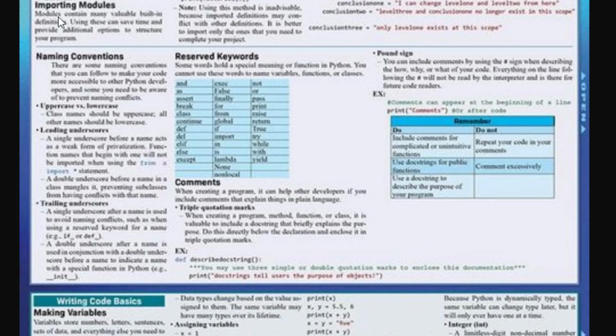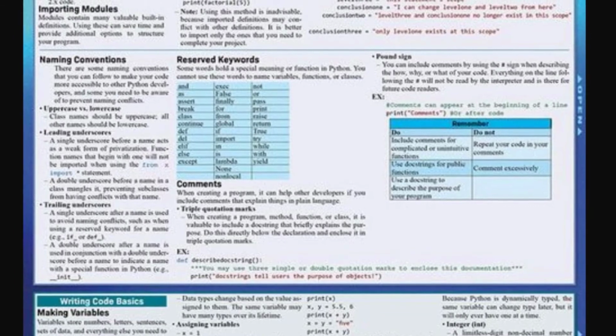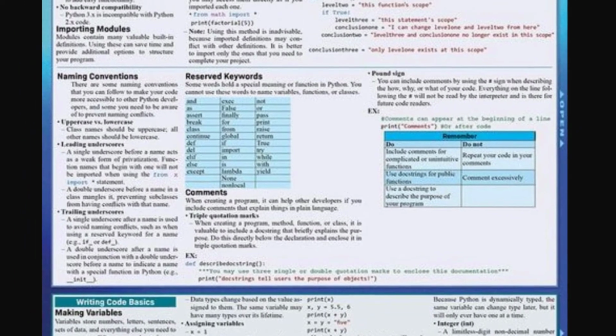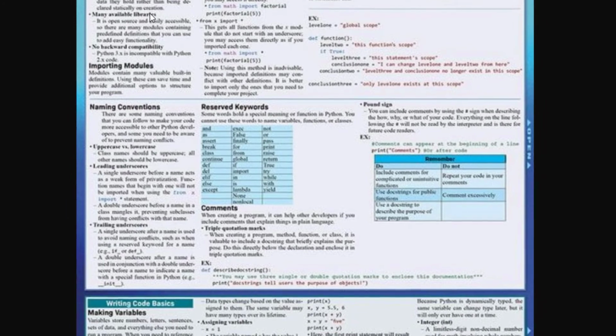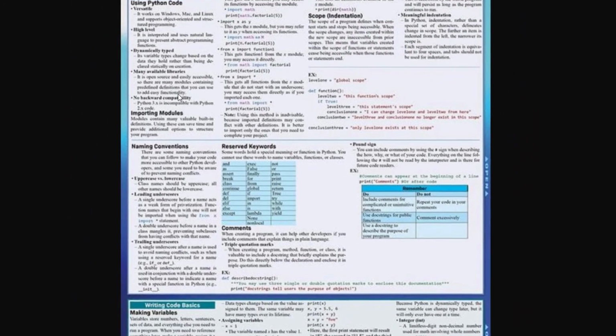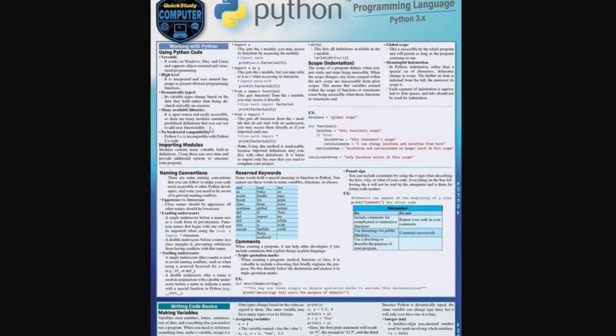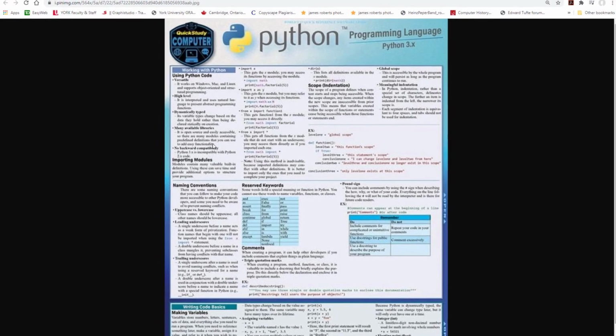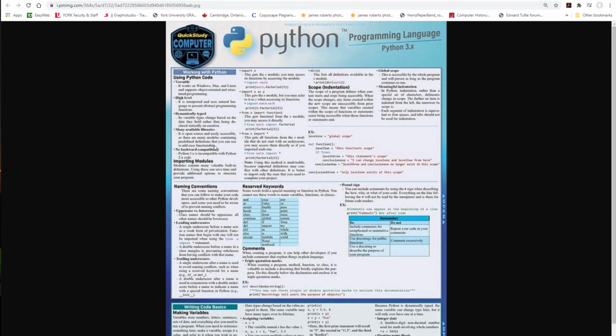Again, that's true of the subheadings too. So if it says many available libraries, the next sentences you expect to read are about the readily available plurality of libraries for the Python programming language.